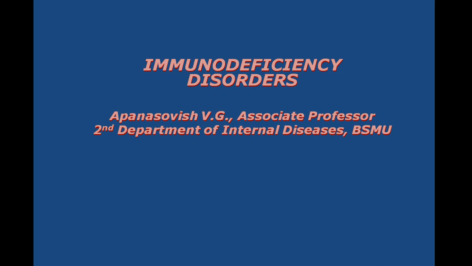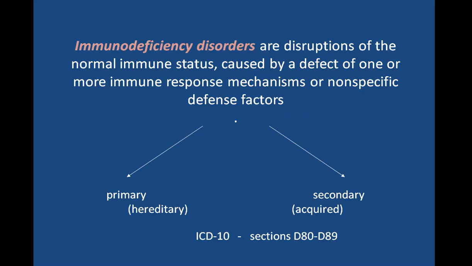Today we will have the lecture Immunodeficiency Disorders. So, immunodeficiency disorders are disruptions of the normal immune status caused by a defect of one or more immune response mechanisms or non-specific defense factors.